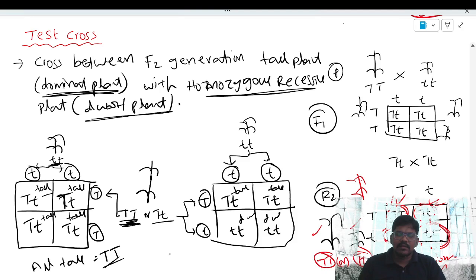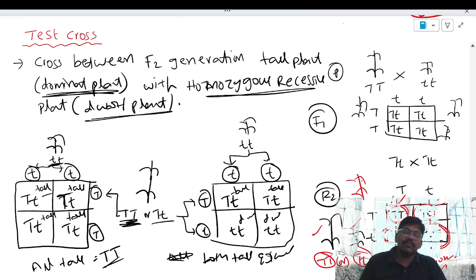If the next generation contains both tall and dwarf plants, few tall plants and few dwarf plants, that indicates the given genotype is heterozygous dominant.